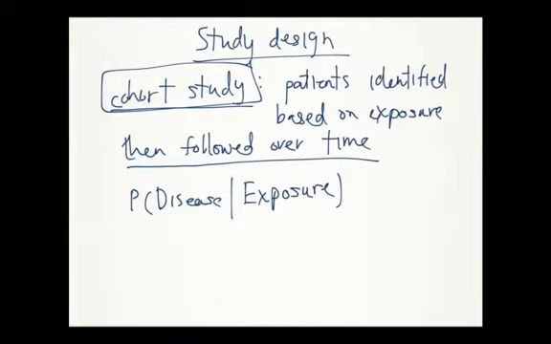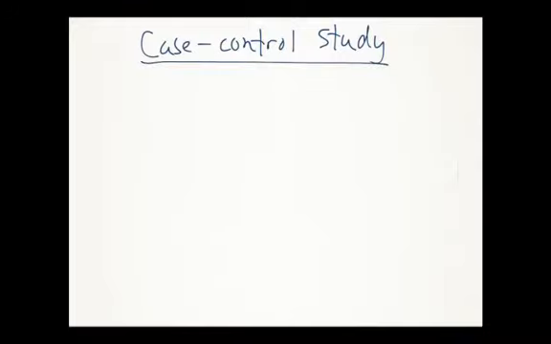Okay. So what's another type of study design? There's this thing called a case control study. Okay, so this is different because patients are identified. Remember, in a cohort study, we identified patients based on their exposure.